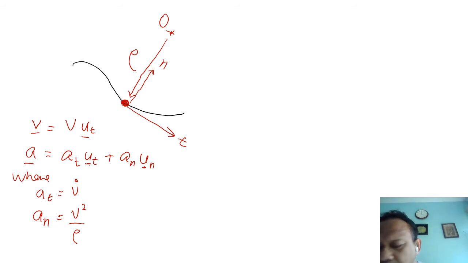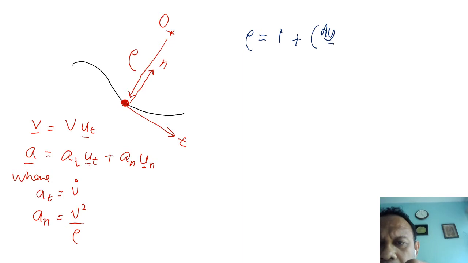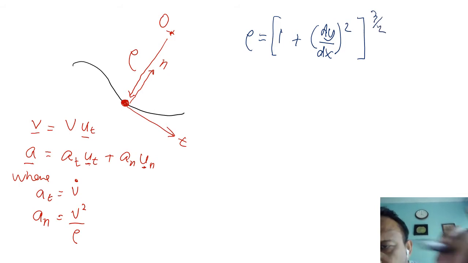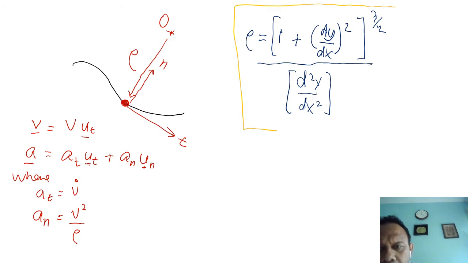For example, with a coordinate system of y and x, rho is equal to 1 plus dy over dx squared, then this whole thing to the power of 3 over 2, divided by d2y over dx squared.